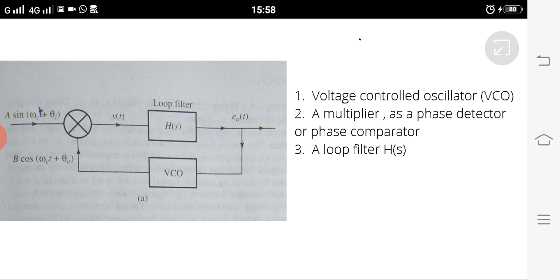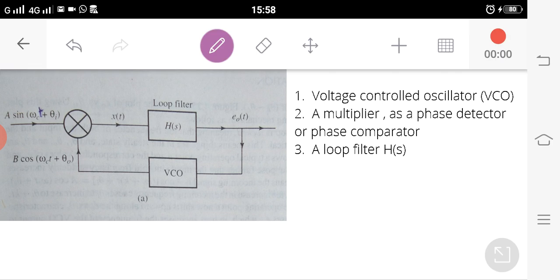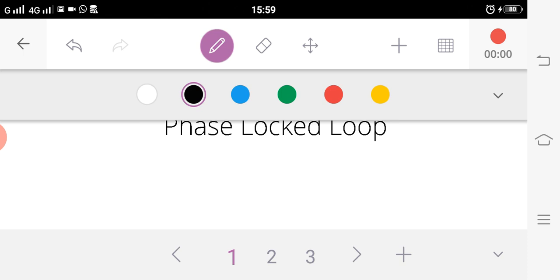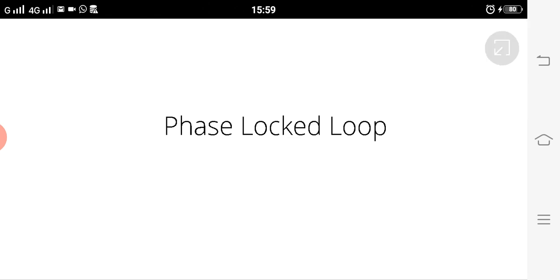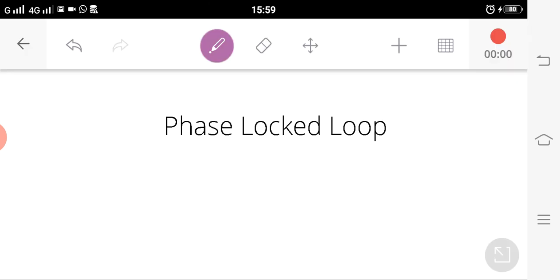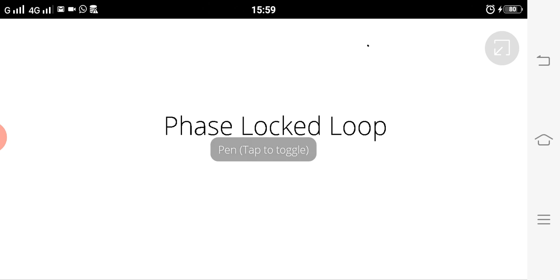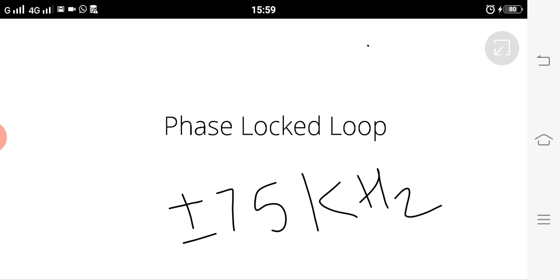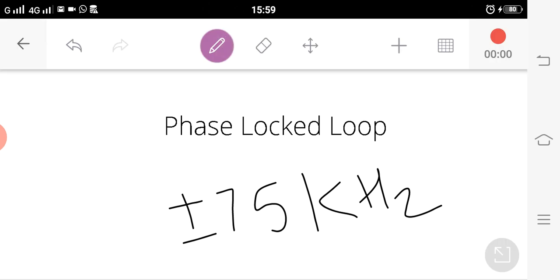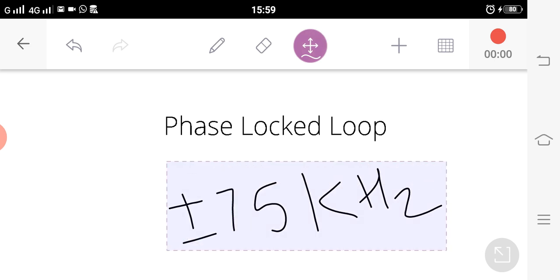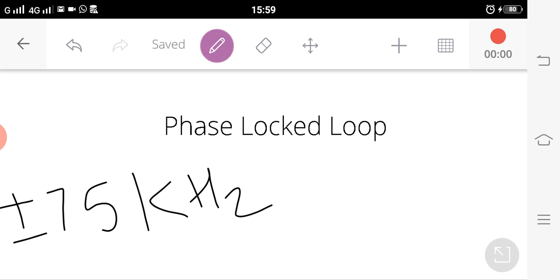The Doppler shift of the carrier itself could be high, maybe in the range of plus minus 75 kilohertz, whereas the desired modulated signal band may be just 10 Hertz.